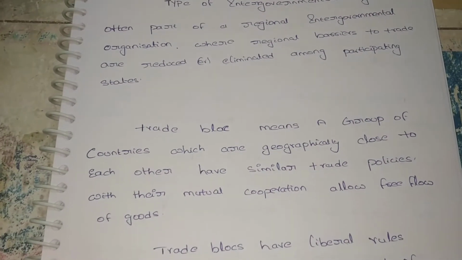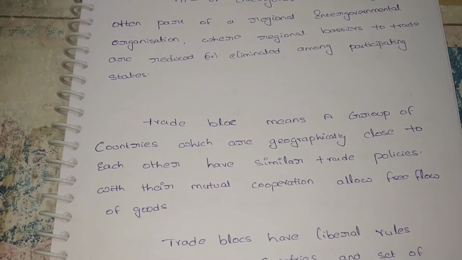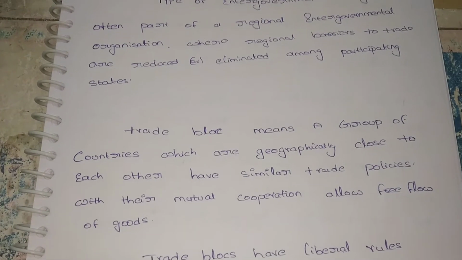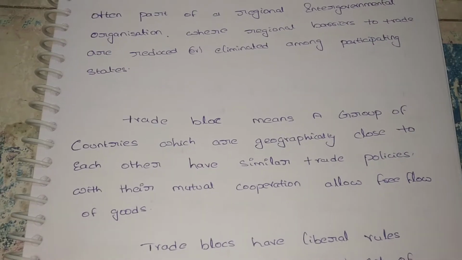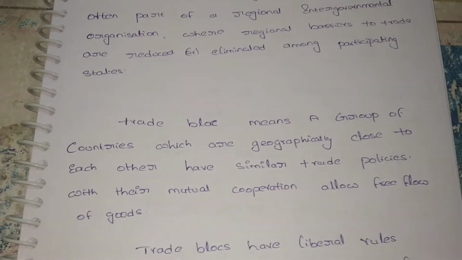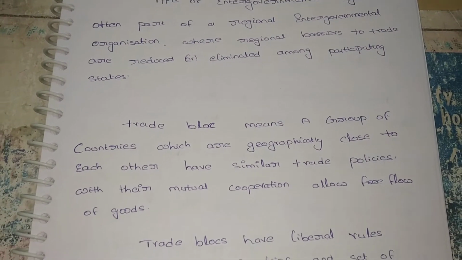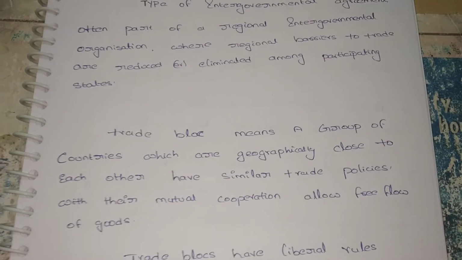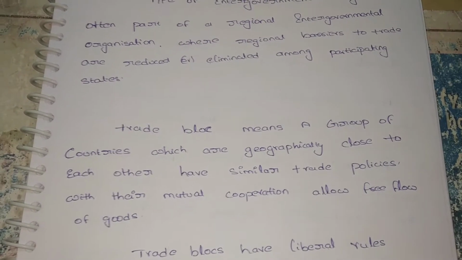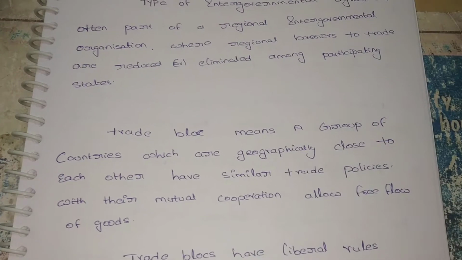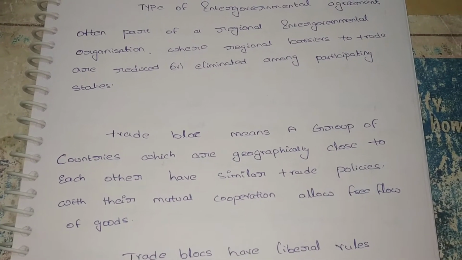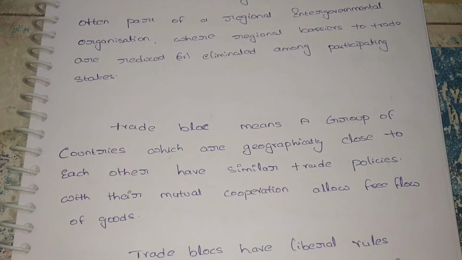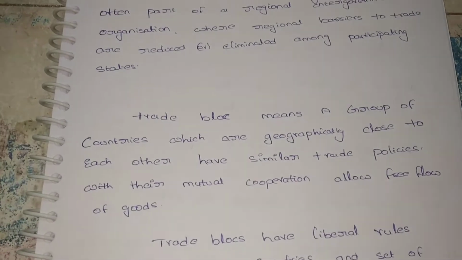Considering geography and similar trade policies, these countries come together and form a trade bloc, a type of regional integration, for the free flow of goods.